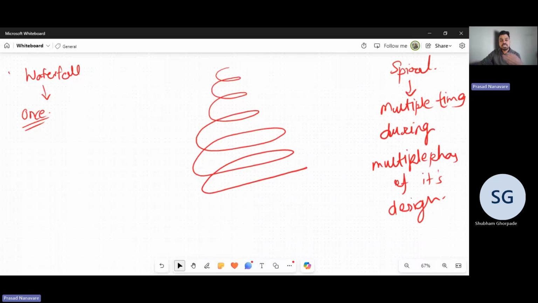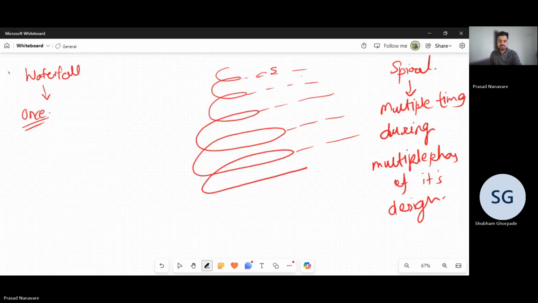In spiral, every phase, suppose there is requirement gathering, then architecture, then coding, then testing. It could be anything, maybe the specification phase, maybe prototyping. You have flexibility to define your stages.